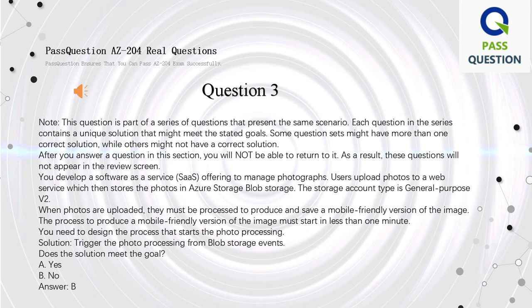The process to produce a mobile-friendly version of the image must start in less than 1 minute. You need to design the process that starts the photo processing. Solution: trigger the photo processing from Blob storage events. Does the solution meet the goal? A. Yes. B. No. Answer: B.